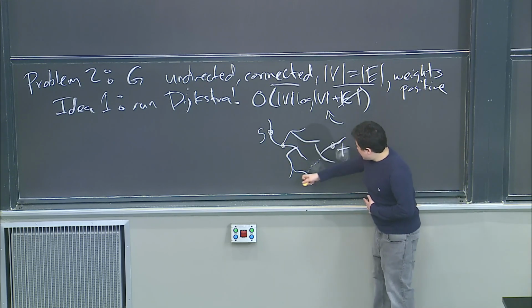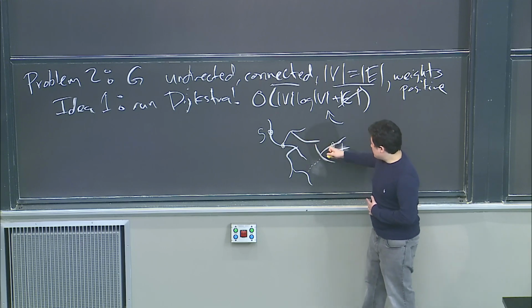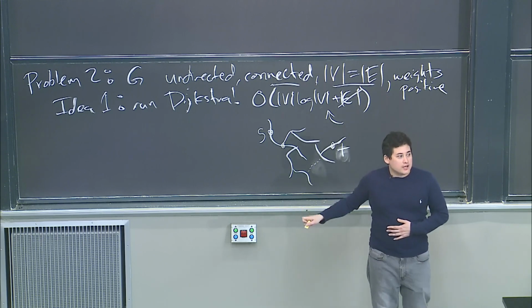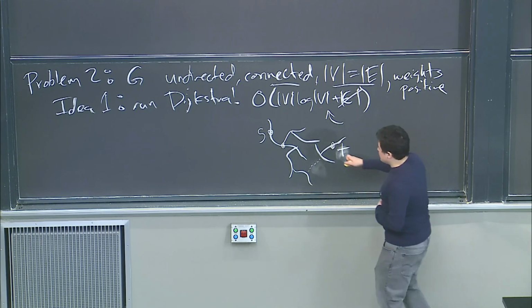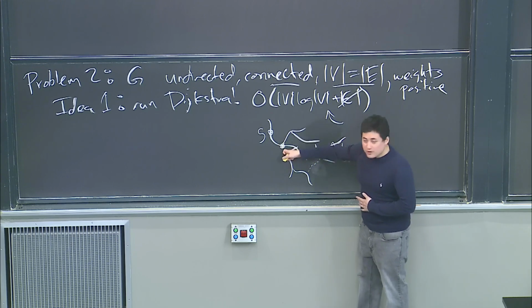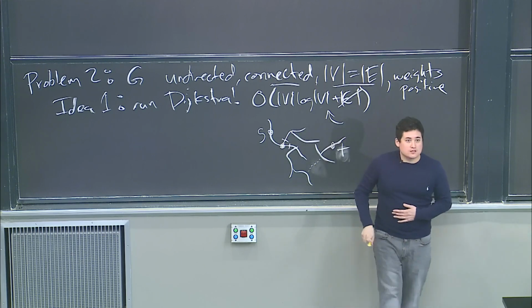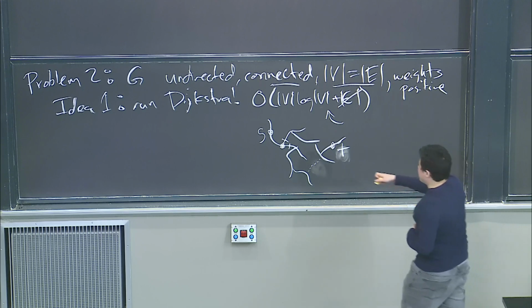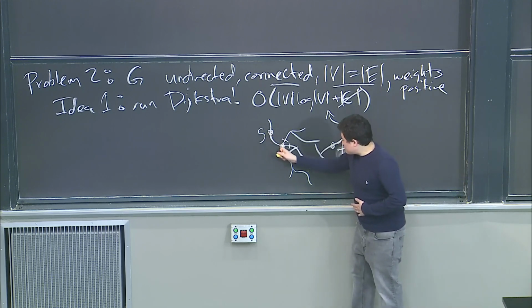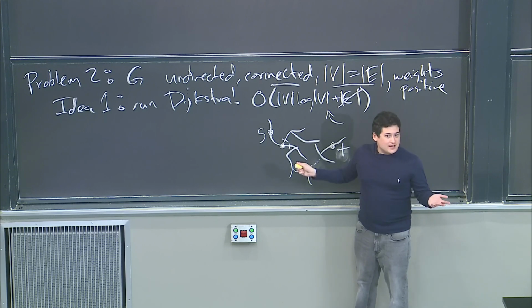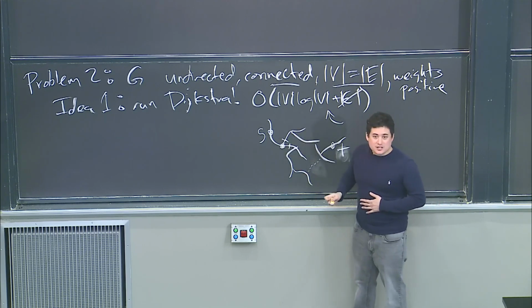But this path and this path are completely edge disjoint, right? In other words, any simple path from S to T, if I find this vertex going through here, can only use one of these edges, because I can't come back to this vertex. Once I go into it here, I've got to go out one direction, and I can't come back, right? So it's only one of these two edges.